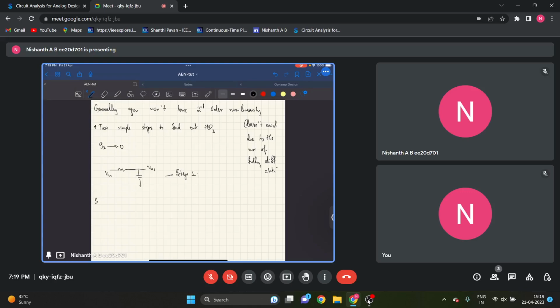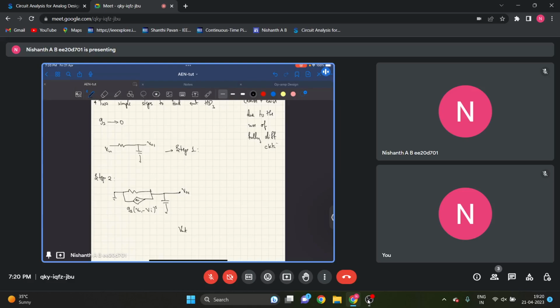Okay, step 2 is short the input to ground, provide a current G3 into (VO1 minus Vin) whole cube and find VO3, and the final Vout will be VO1 plus VO3, right? As simple as that.